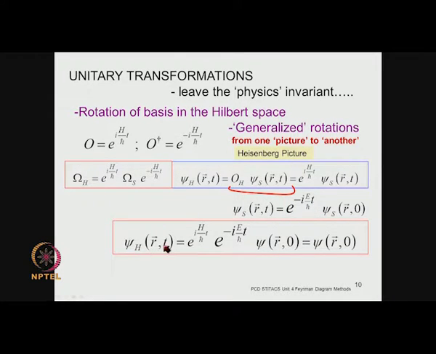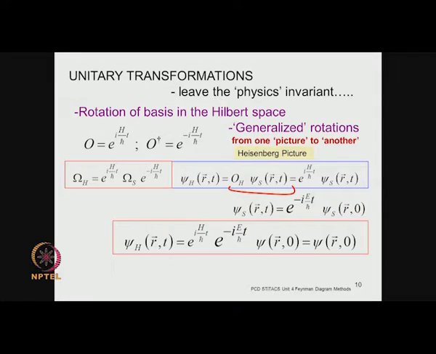So, this is the Heisenberg picture wave function. How do we get it? By operating with this transformation for generalized rotation on the Schrodinger picture time dependent wave function, which is now e to the minus i omega t times the time independent wave function at t equal to 0, right.